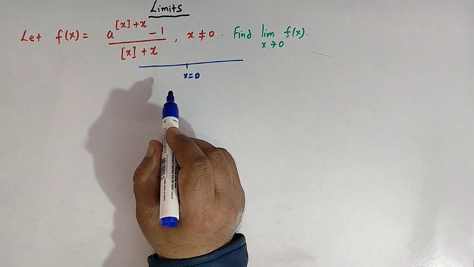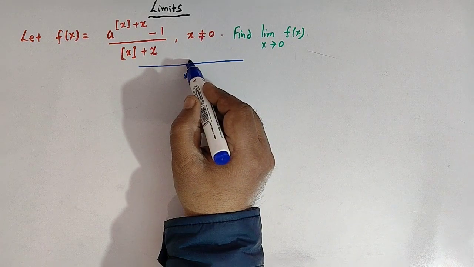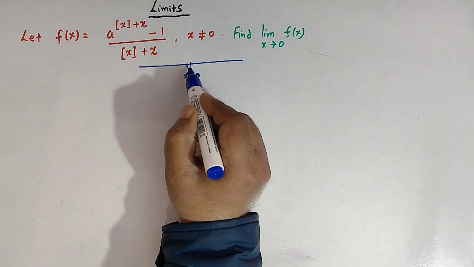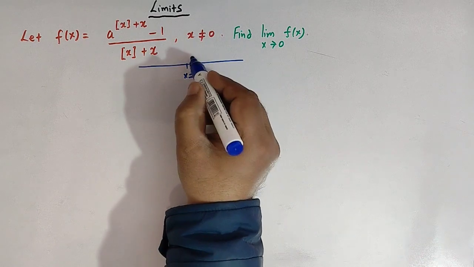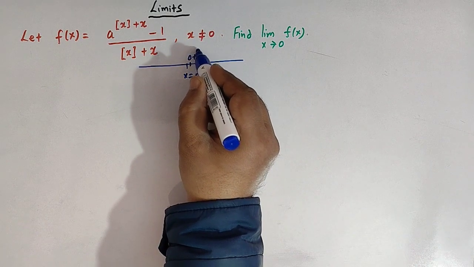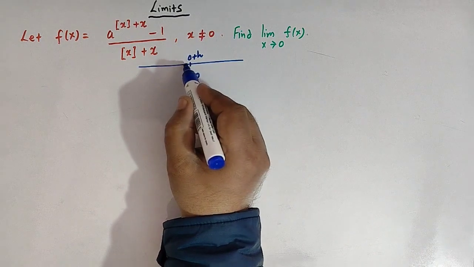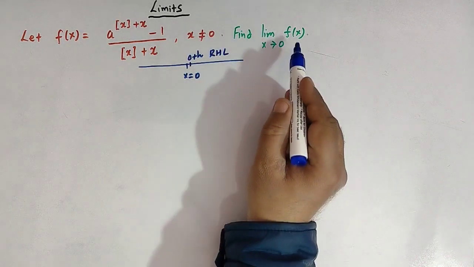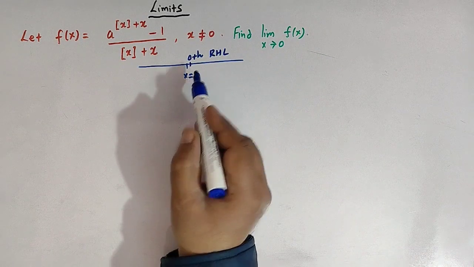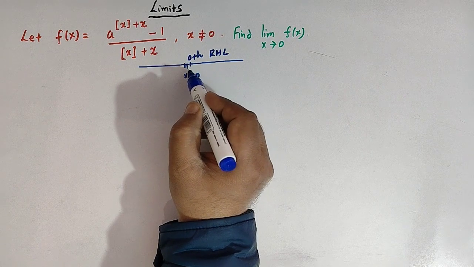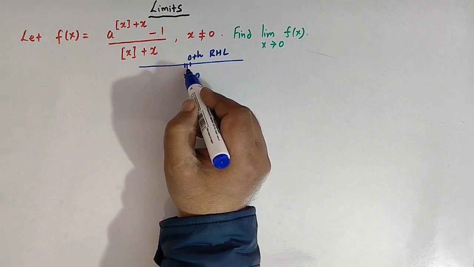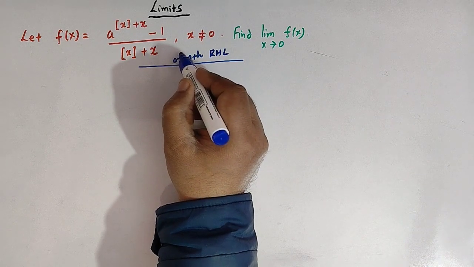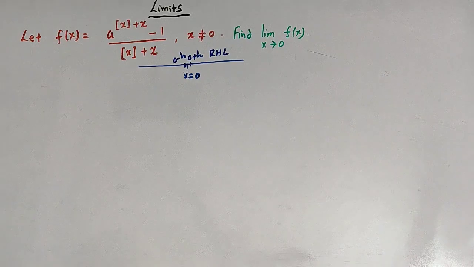When we calculate the right hand limit, we take a point very close to x = 0, in the neighborhood of x = 0, and this point is 0 + h.